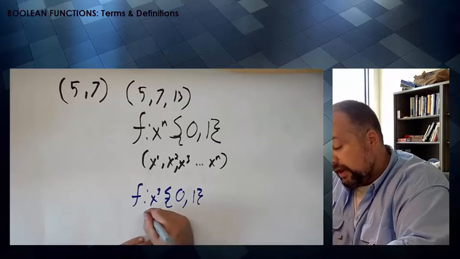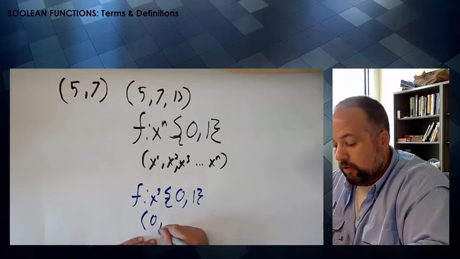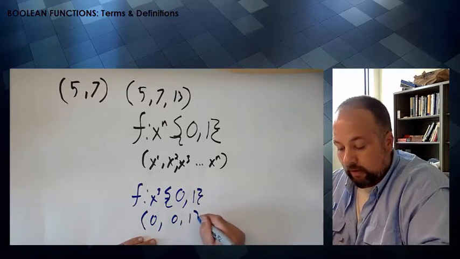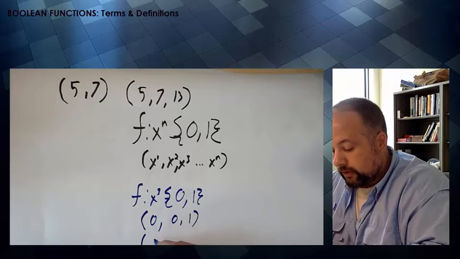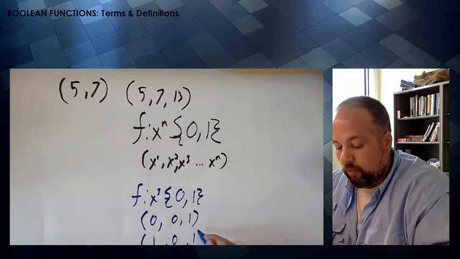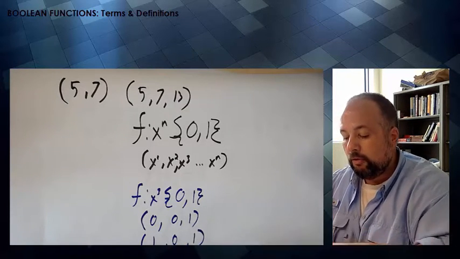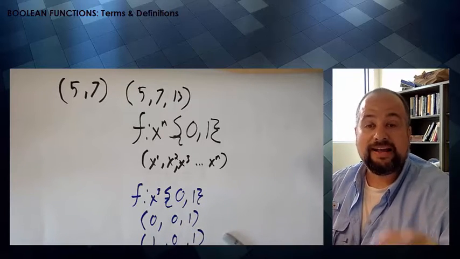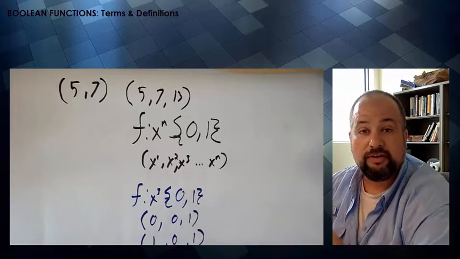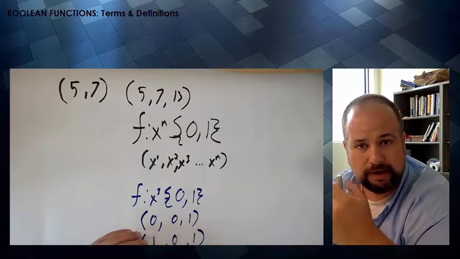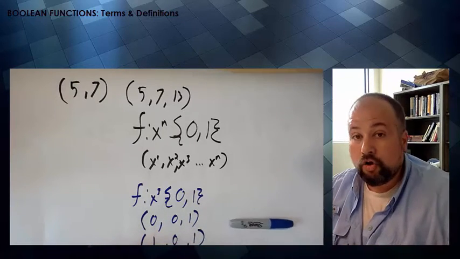An example of that would be 0, 0, 1, or 1, 0, 1. So both of these are examples of this function definition. Okay, makes sense? Everybody with me? Cool.